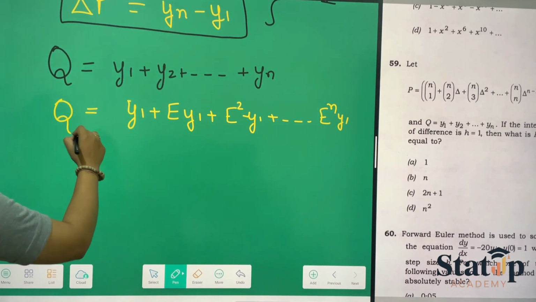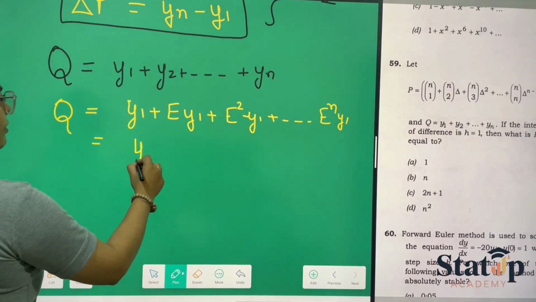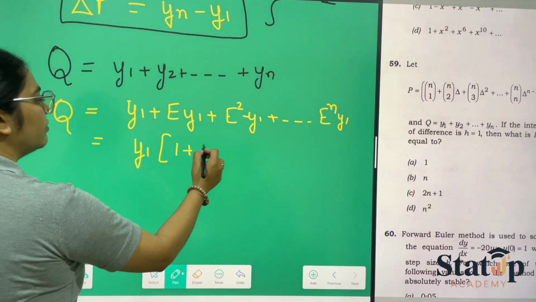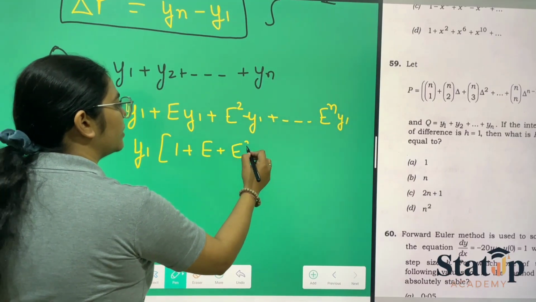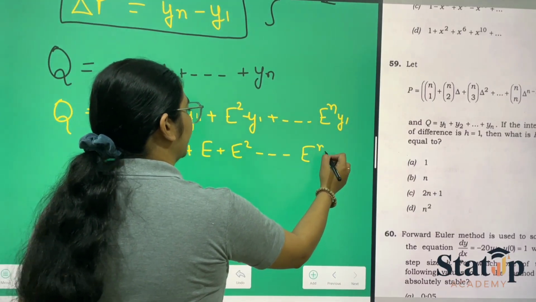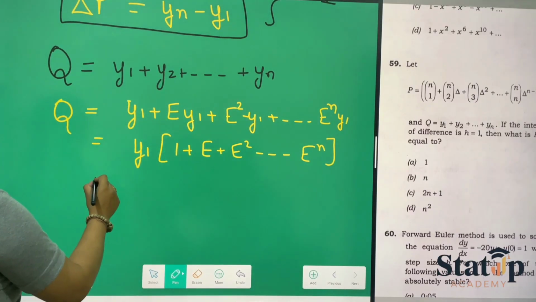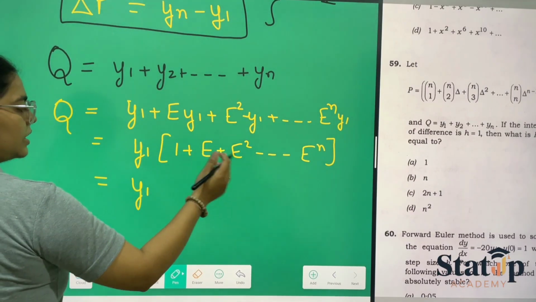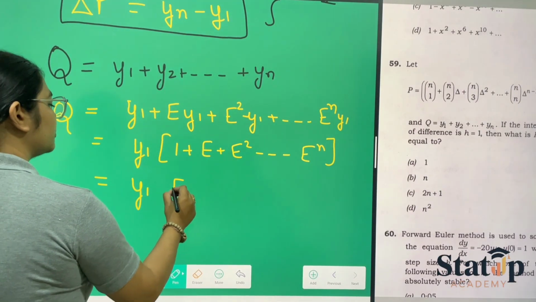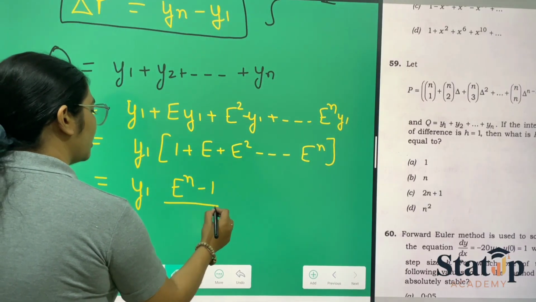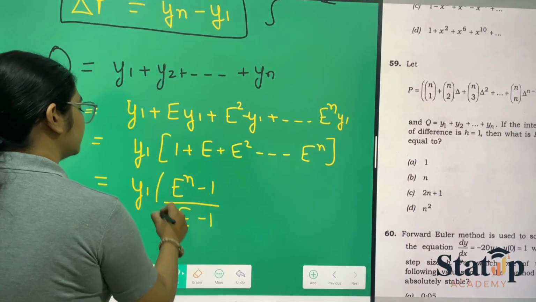Okay, we can write it as q. Now we can take y1 outside and we are left with 1 plus e square and so on e raised to the power n. Now this is again a geometric series, so we can do the sum of geometric series, e raised to the power n minus 1 upon e minus 1.